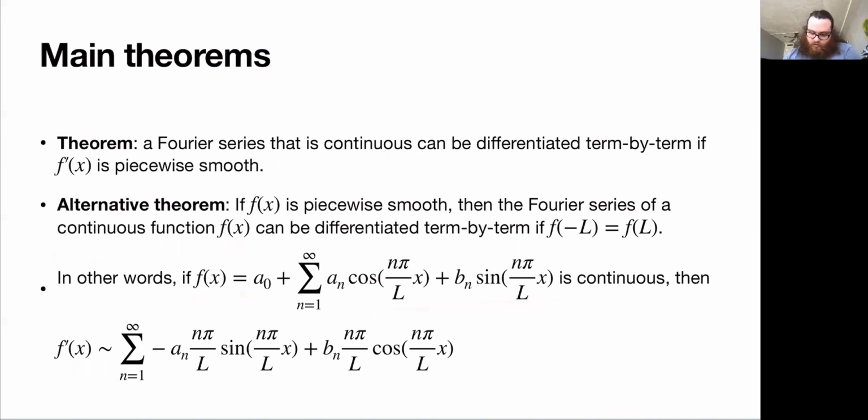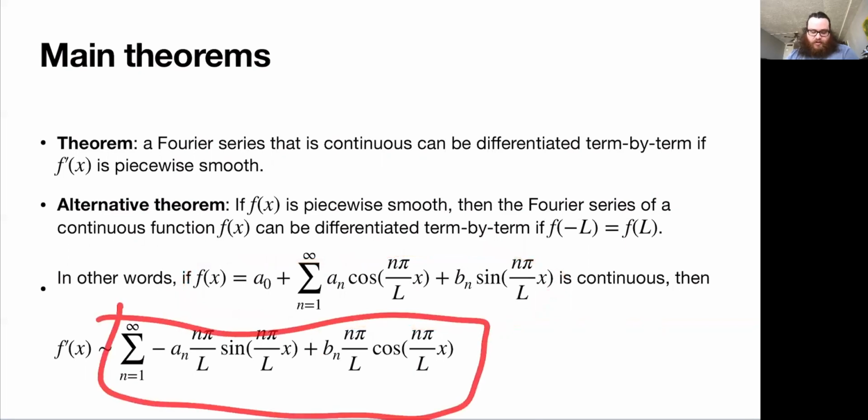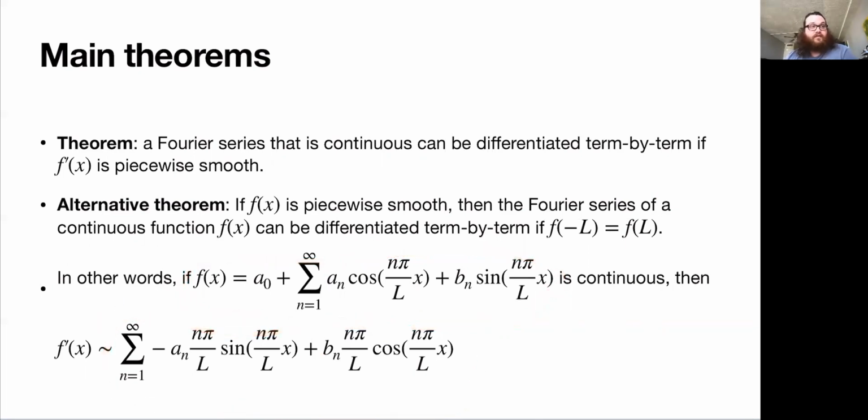And so the conclusion of the theorem is that the Fourier series of the derivative of the function is exactly what you get by differentiating each of the pieces term by term. Or stated another way, if this is a Fourier series for f, then this is the Fourier series for the derivative of f.